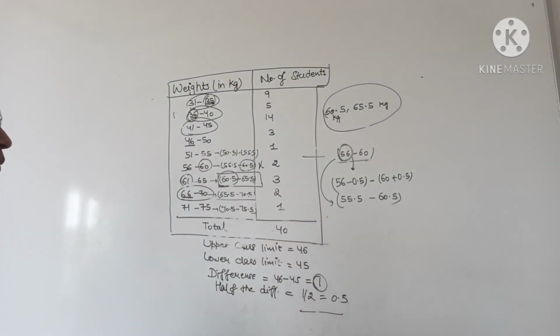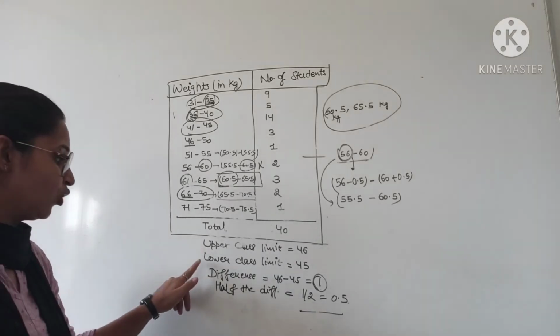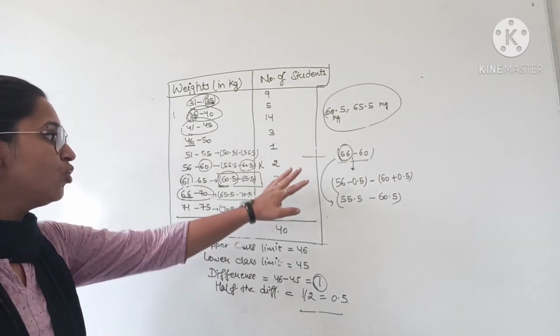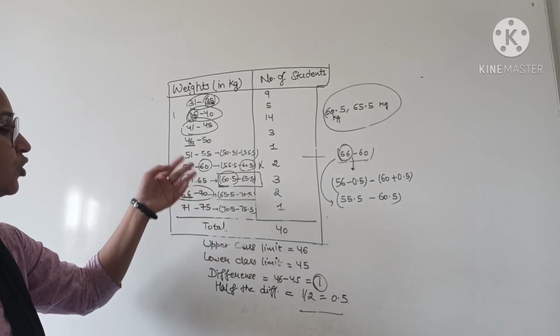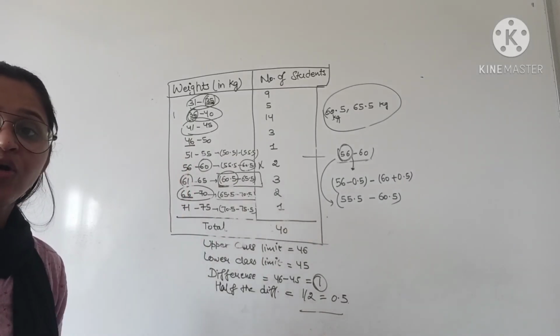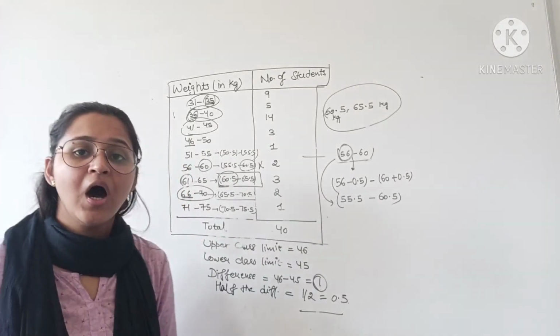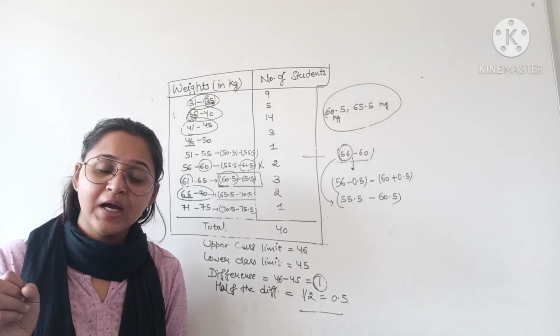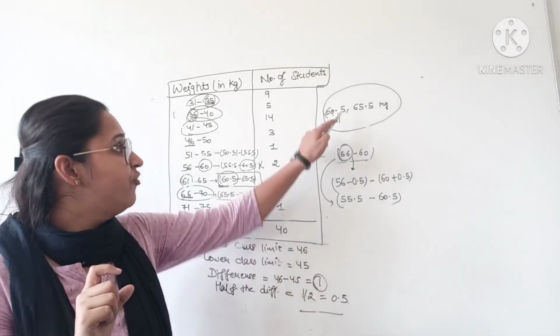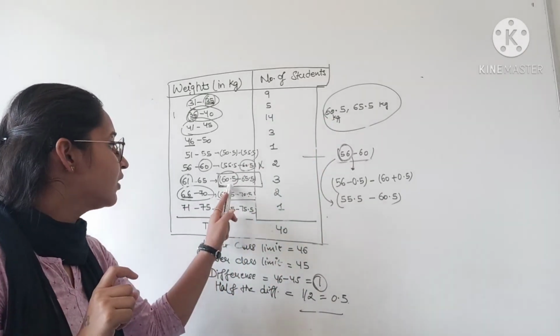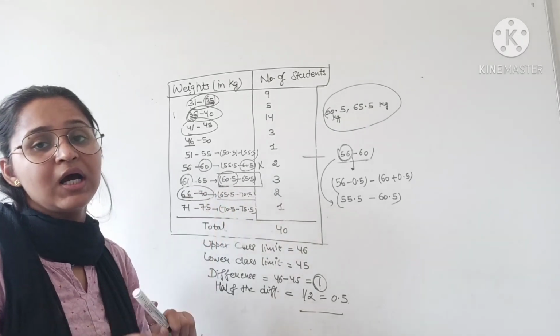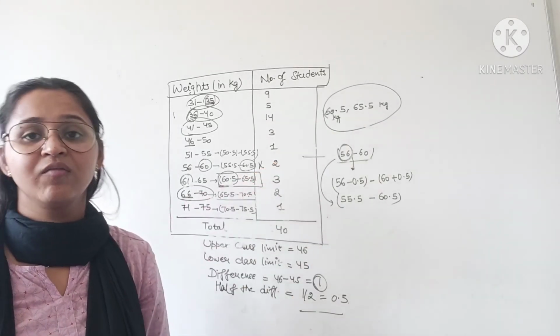I hope you are all clear with upper limit, lower limit, difference, how to change our classes into overlapping, and after changing, how we add. We add the weight to the interval whose lower class limit is the same as the given student's weight.